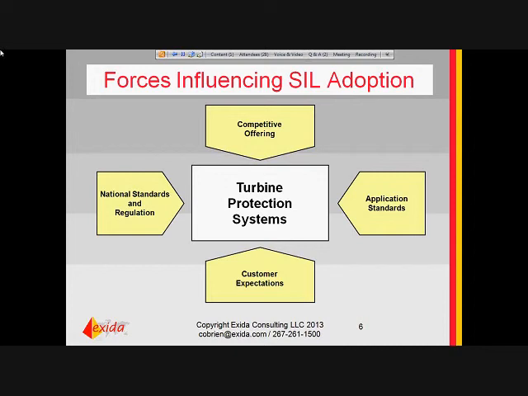There are competitive offers from turbine manufacturers showing SIL rating on the products. Application standards such as API 670 are further identifying and enforcing that. And then also customer expectations, the expectations of the industry, are getting more and more so that functional safety would be part of the offering on a turbine solution or a turbine refit.